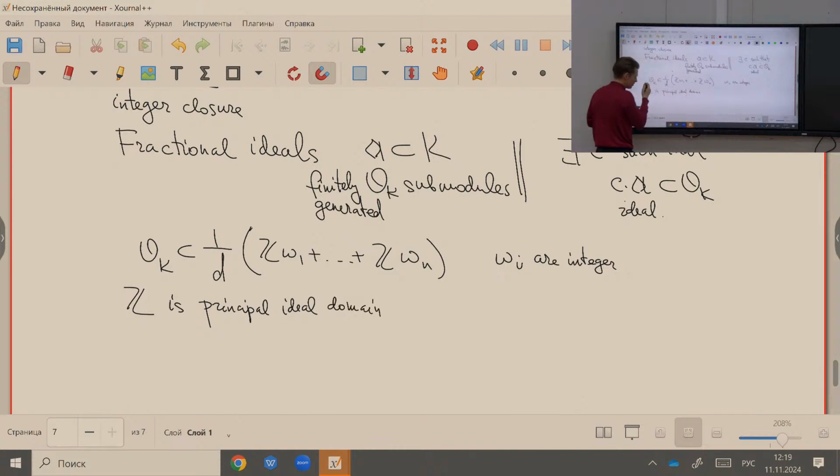I am just recalling, not because you have forgotten the previous lecture, but because it is like a new set of notations. So I just want to say that now O_K is a submodule of a free module.